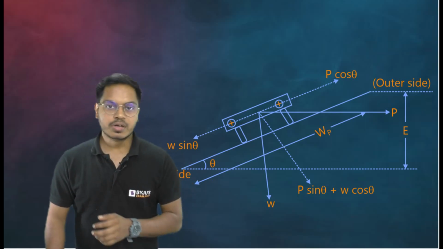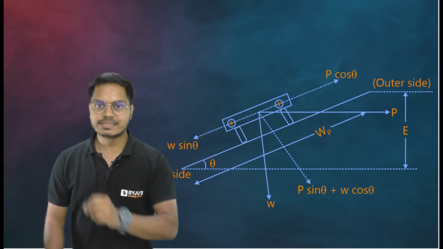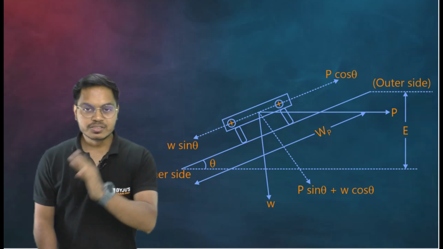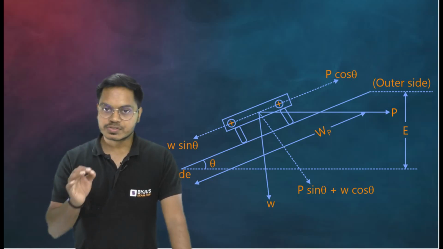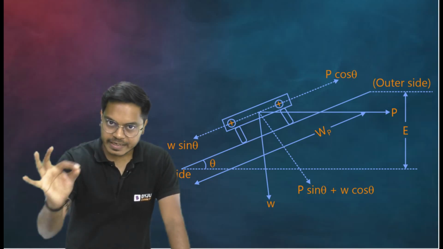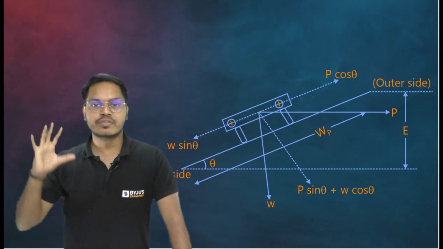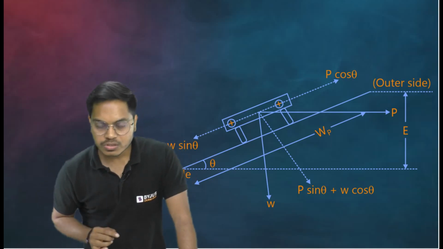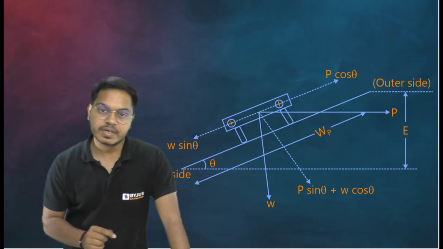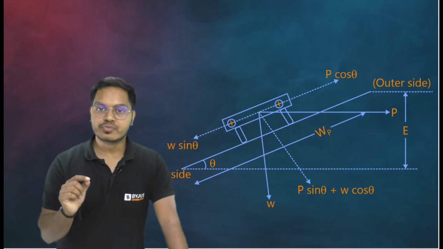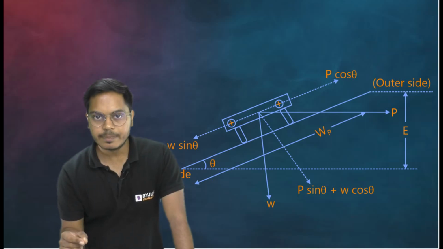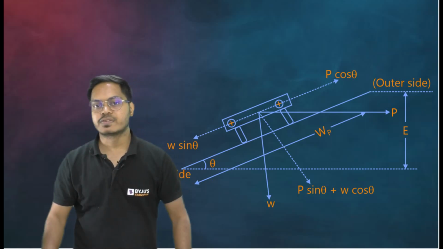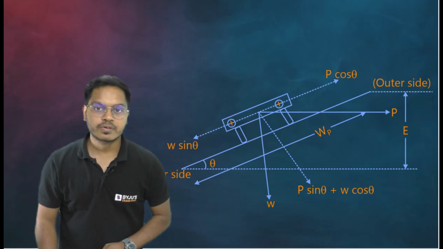But all in all, if you notice, earlier the frictional force that we were having was just having the weight component and the coefficient of lateral friction. But now we are also having the component of the centrifugal force, which is going to help us to avoid any kind of skidding or overturning.